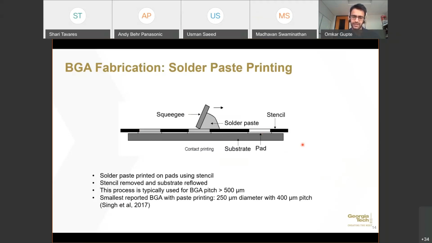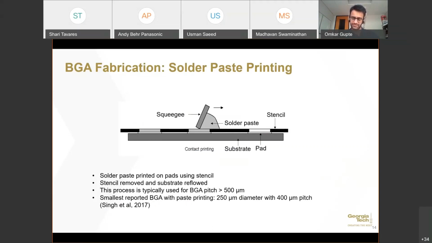The stencil is placed on the package with the pads aligned to the apertures of the stencil. Solder paste is printed through the stencil onto the pads. The stencil is then removed and the substrate is reflowed, where the solder melts and forms the joint. We'll go into the details of this process in the next few slides.